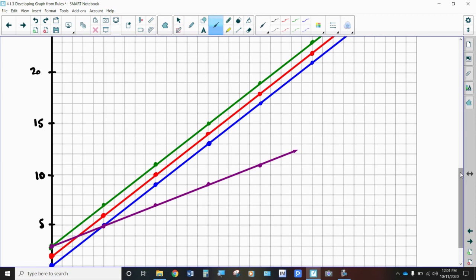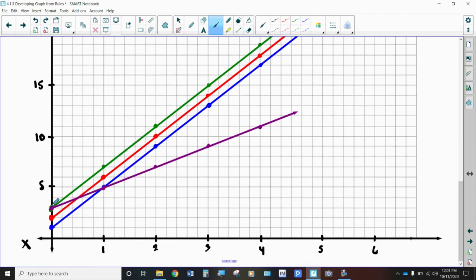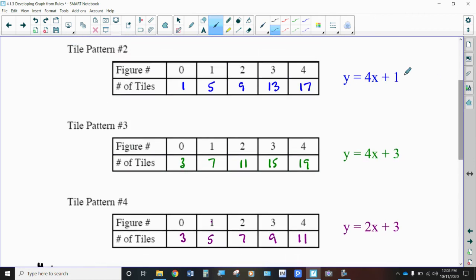Notice how they have different starting points. These starting points are what we refer to as the y-intercepts. These are the points on your graph where your line crosses over the y-axis. That's an important point because this is where x is equal to 0, and this also happens to correspond to these numbers that are being added on at the end.